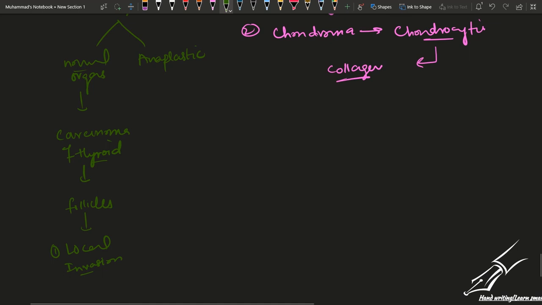We can also see a lack of the structural and functional features of the normal cells in many carcinomas.